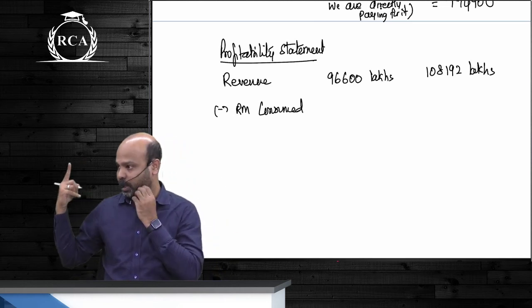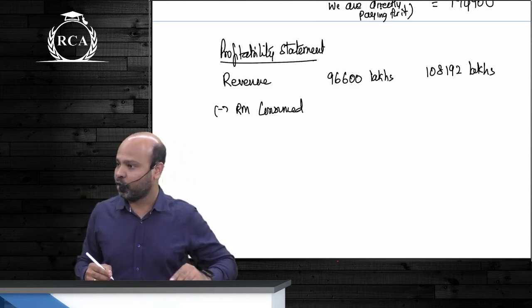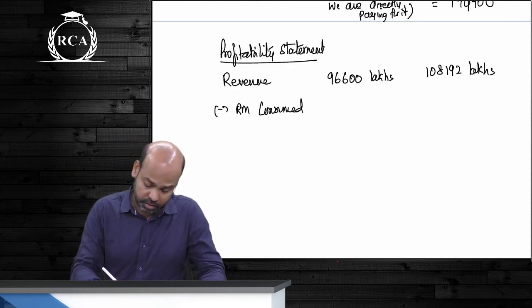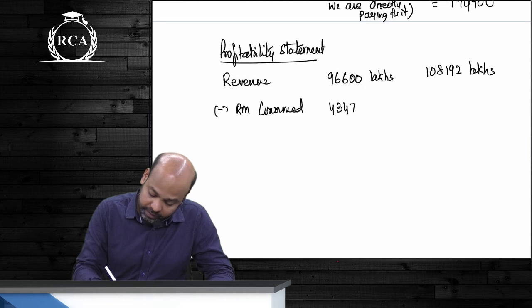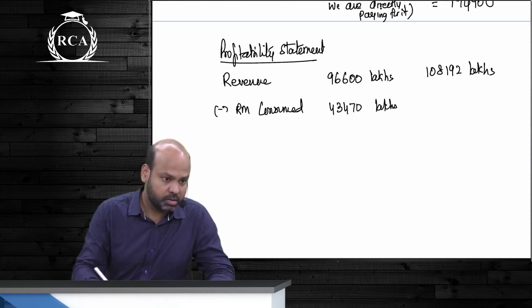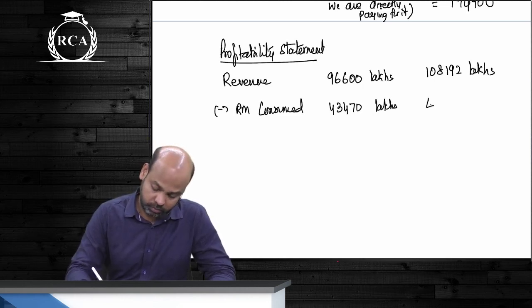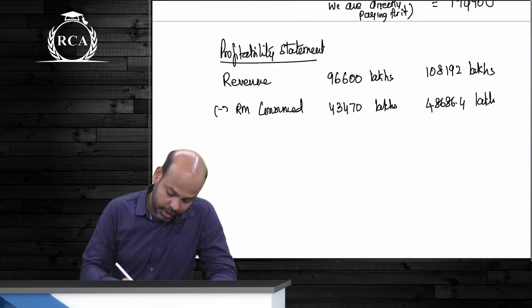You will have to multiply quantity with the price of raw material guys. I already wrote above. कितना है बेटा ये? 470. दूसरा वाला बेटा. 686.4 lakhs. ये हो गया raw material.